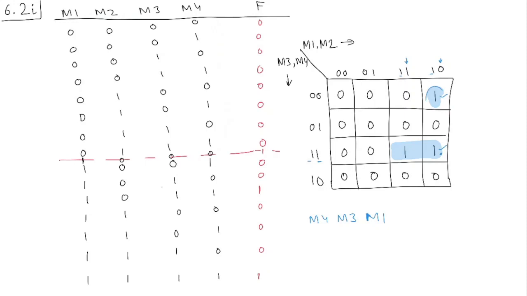And what about this term then? So we add this and say that term is going to be M4 bar, M3 bar, M2 bar, and M1, right? So that is going to be our function f.